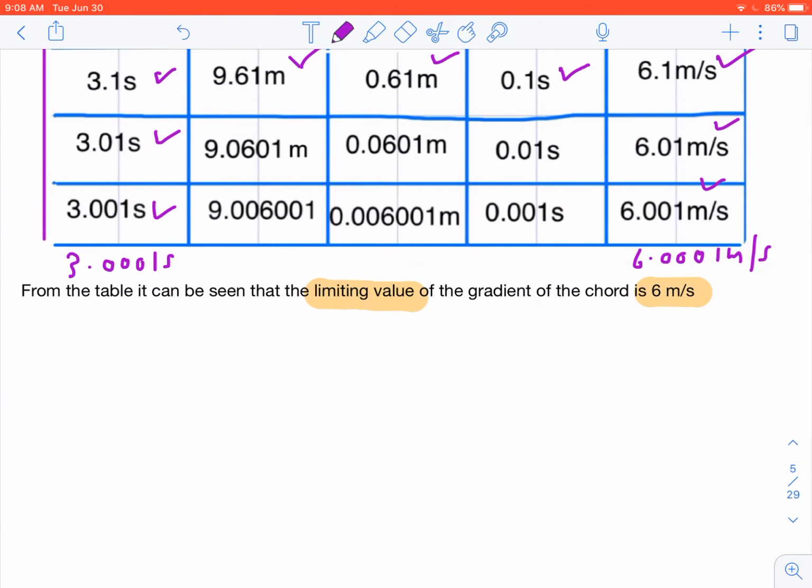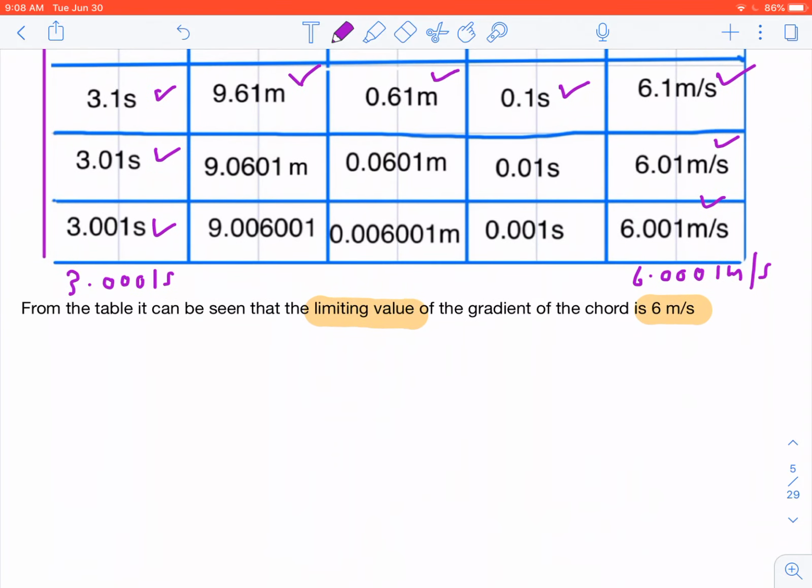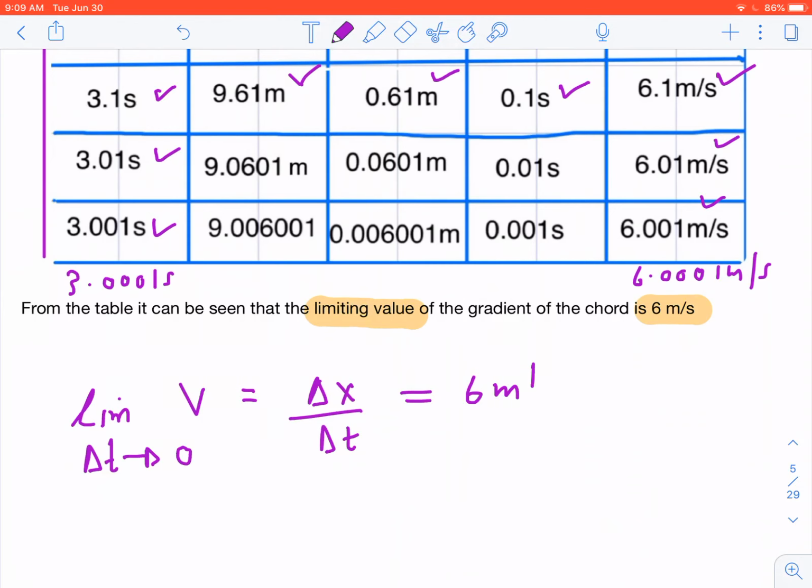And what we sometimes do is we write it this way. We say V average is equal to change in x upon change in time. Then we say the limit as change in t approaches 0, the limit of the velocity is equal to 6 meters per second.